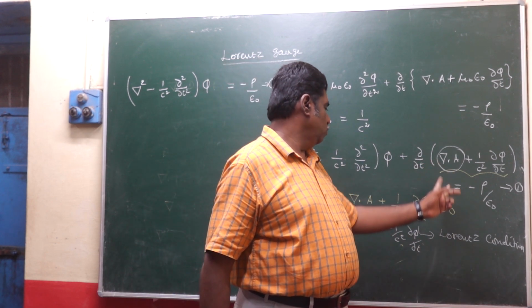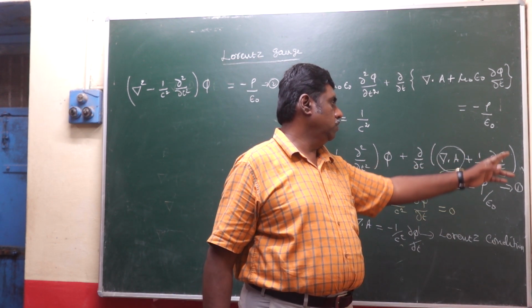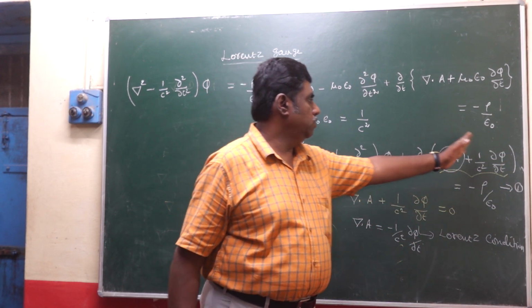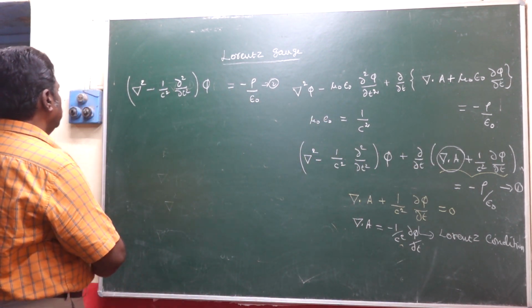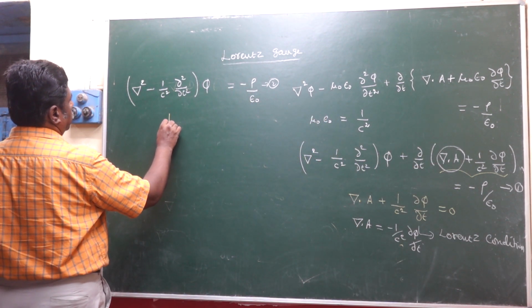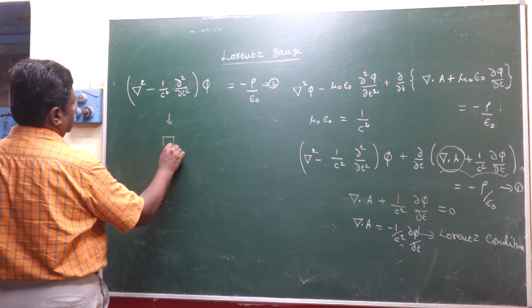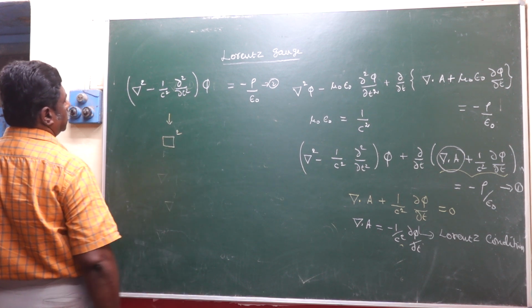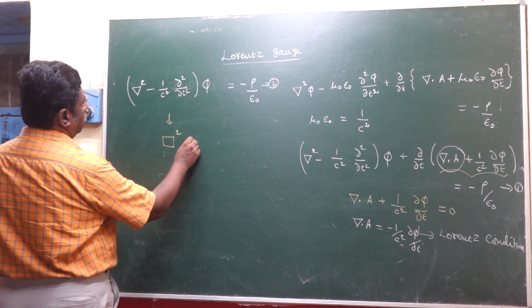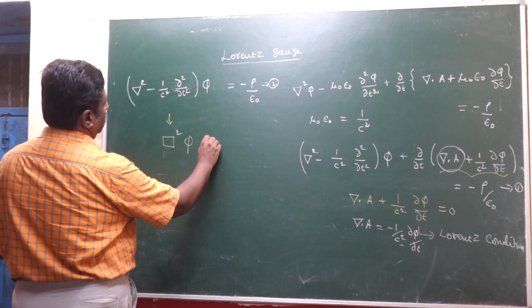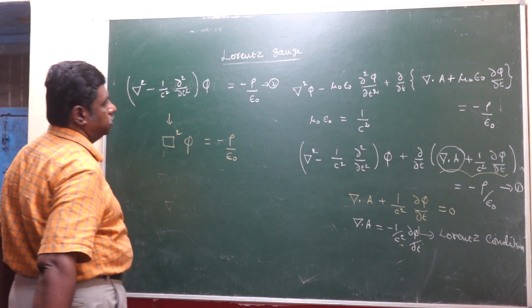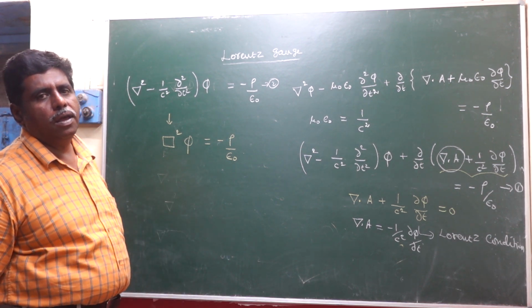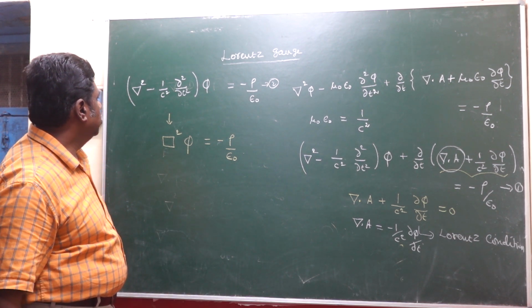If you add minus 1 by c square dou phi by dou t plus 1 by c square dou phi by dou t, the term is vanished. So we can get the equation of this form. This is our D'Alembert operator, operating on phi, which is equal to minus rho by epsilon naught. This is identical with our Poisson's equation.